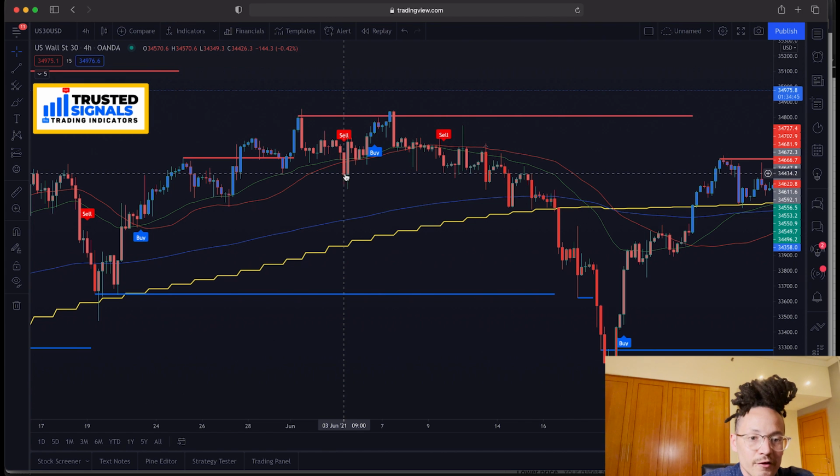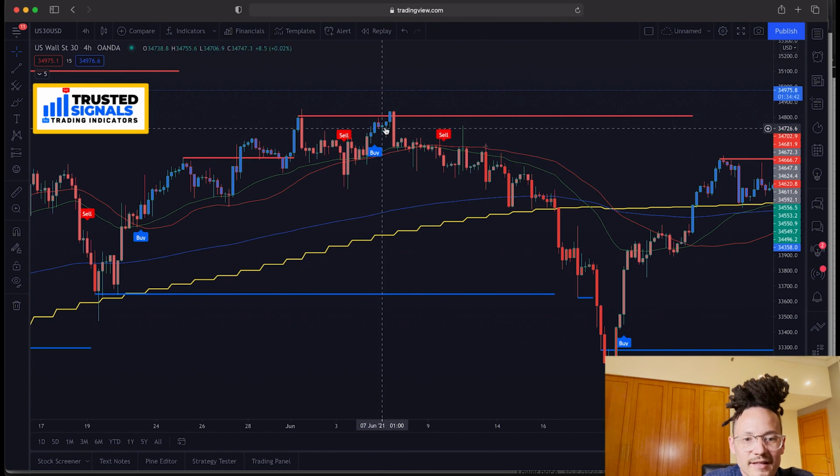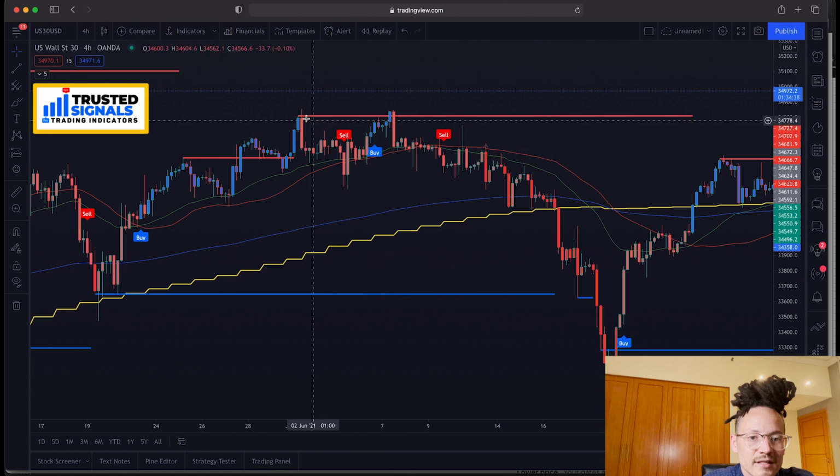And later in the future, when it came back to that point, it got rejected once again. This level right here created lots of fear in the market, which pushed price back down. So it would be an ideal situation for you to prepare to enter once price comes back at that point. So that's one way of looking at it.